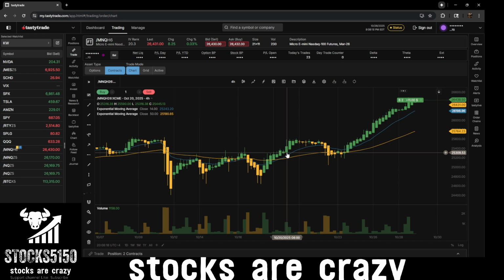If we get in right here, that candle opened at 25,316, so we'll say 25,300. And just for math, the high on this was 25,600, and we got 25,300 here, right?